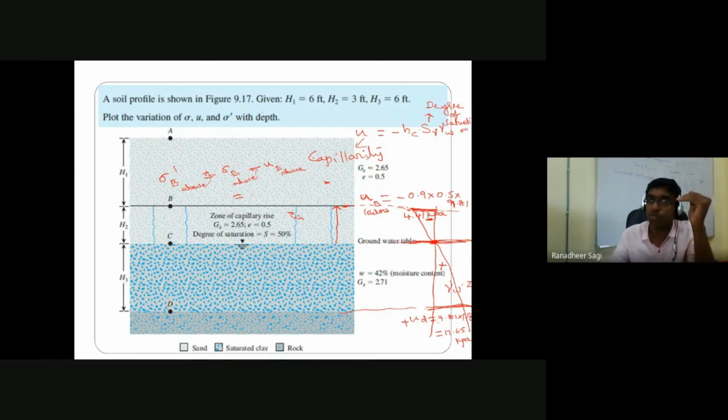I was specifically talking only about your pore water pressure slightly above and slightly below. Total stress at point B is 31.14 minus this pore water pressure value, which was 0. So your effective stress at point B, slightly above, comes out to be 31.14 kilopascal.